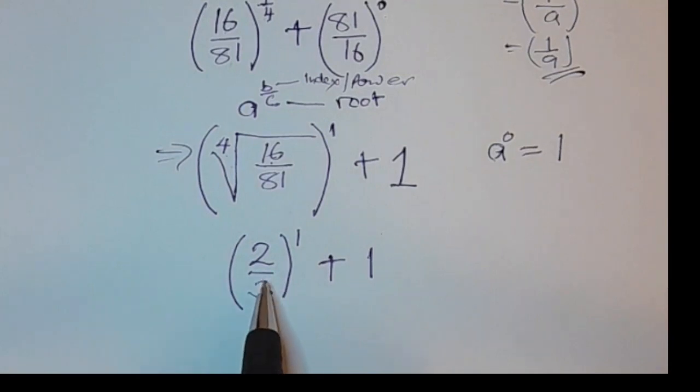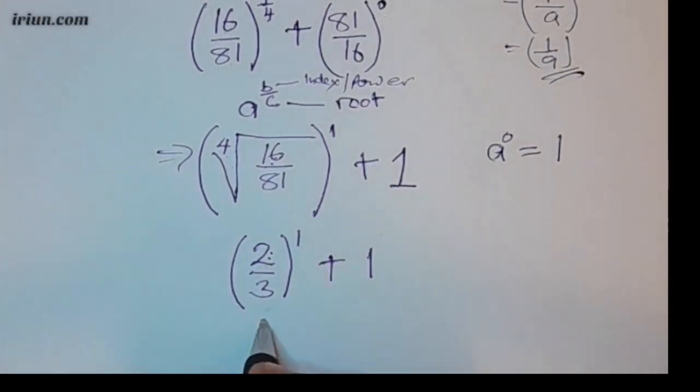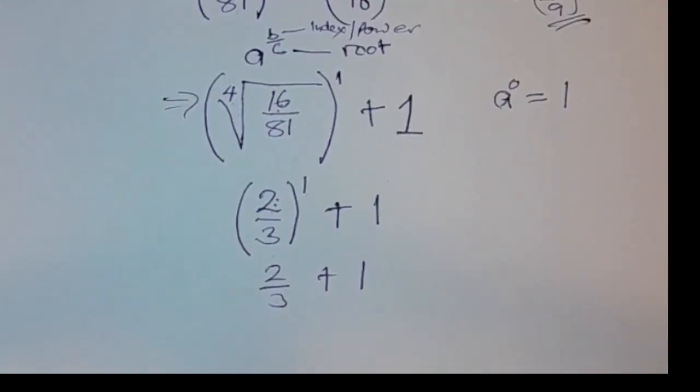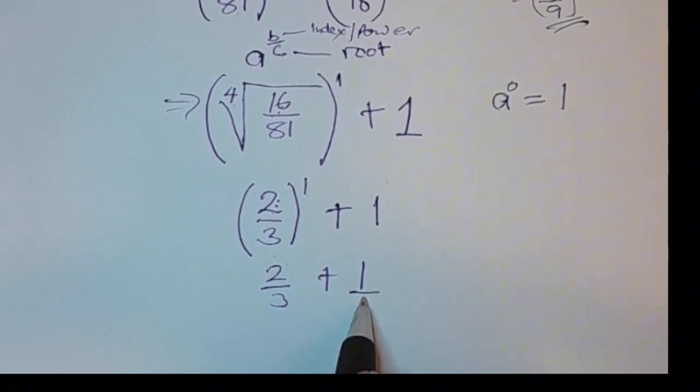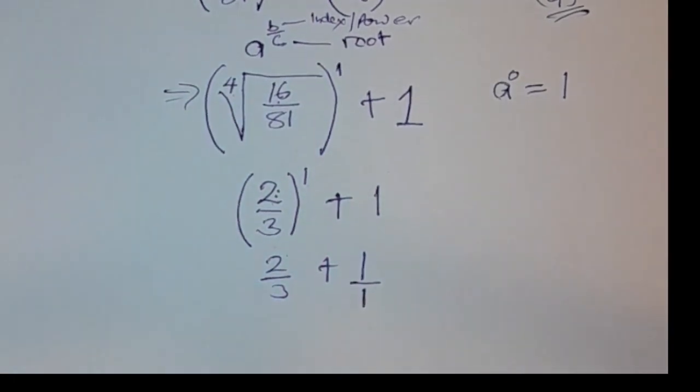Anything raised to the power 1 is just that same thing. So 2 over 3 raised to the power 1 is just 2 over 3, plus 1. This is a fraction and this is a whole number, so we need to write the whole number also as a fraction. You look for the common denominator. The common denominator is 3.